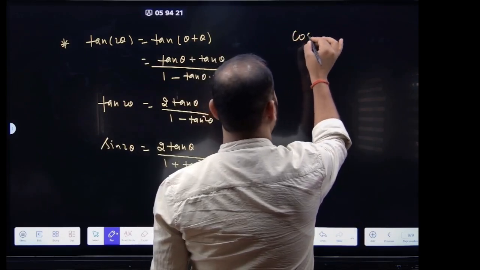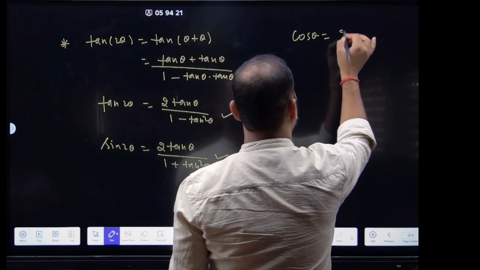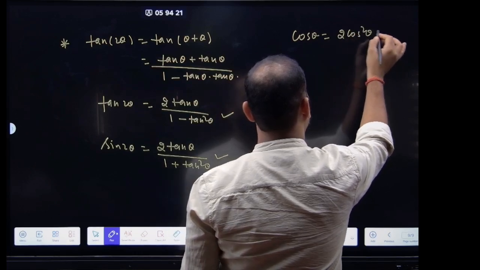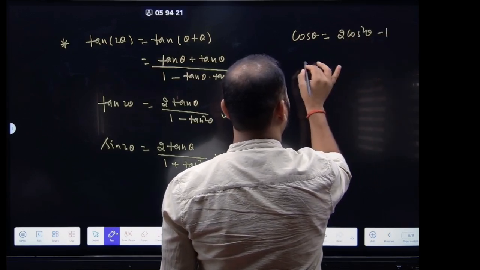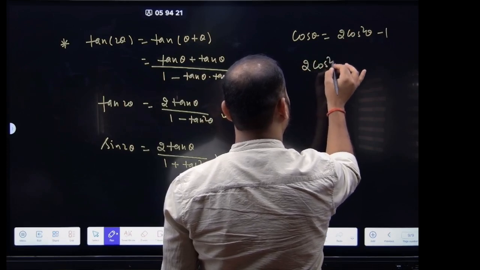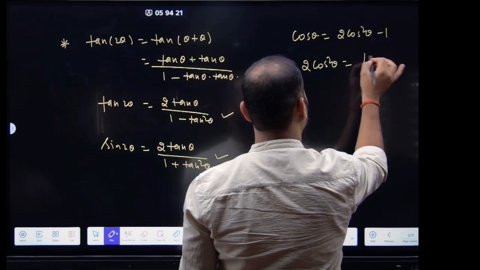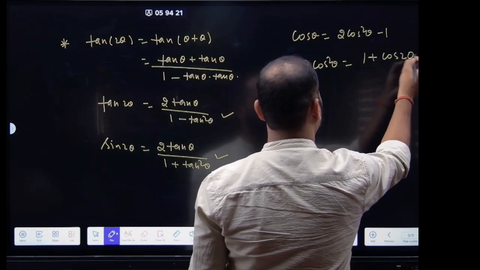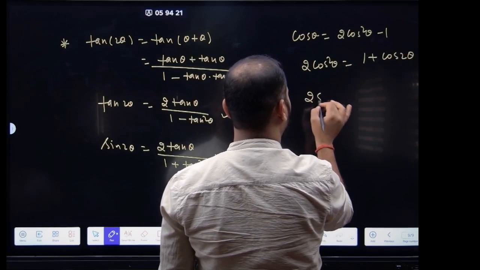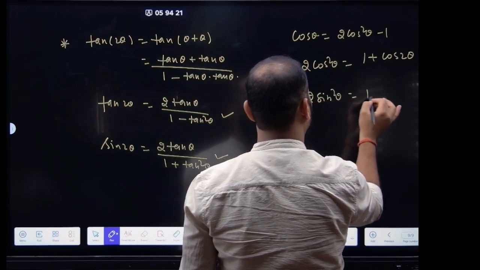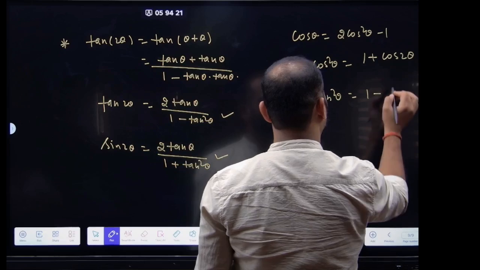Cos 2 theta, what did we write? Cos 2 theta is 2 cos square theta minus 1. So from here sometimes, 2 cos square theta will be written as 1 plus cos 2 theta, a very famous question. Similarly, 2 sin square theta, do you know what it will be? 1 minus cos 2 theta.